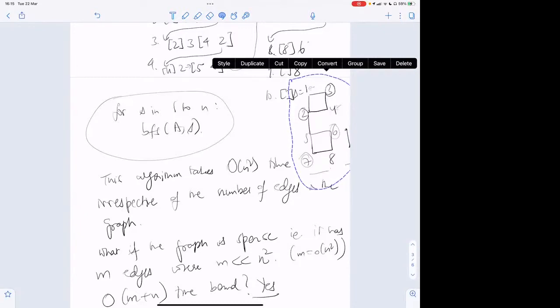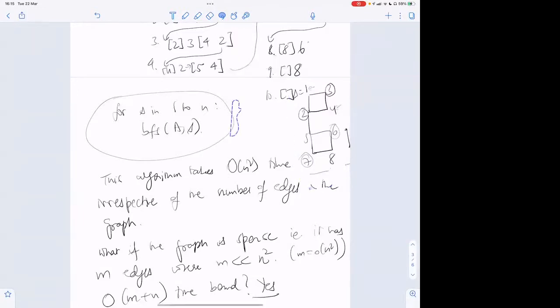That is certainly an upper bound, but is it the best upper bound you can? I claim this algorithm also takes this. Why is that so?